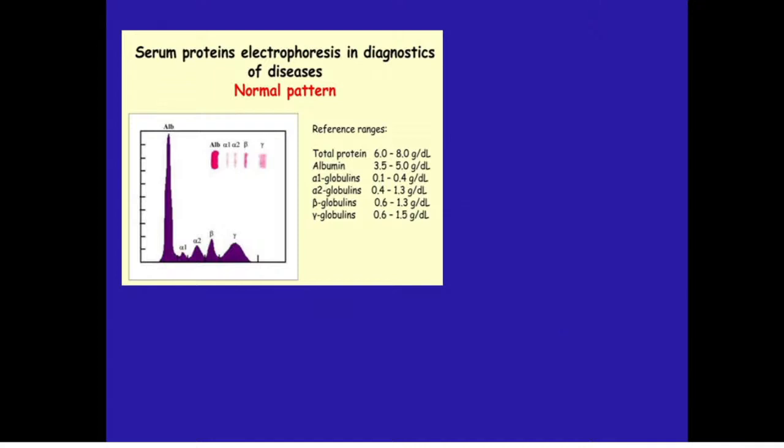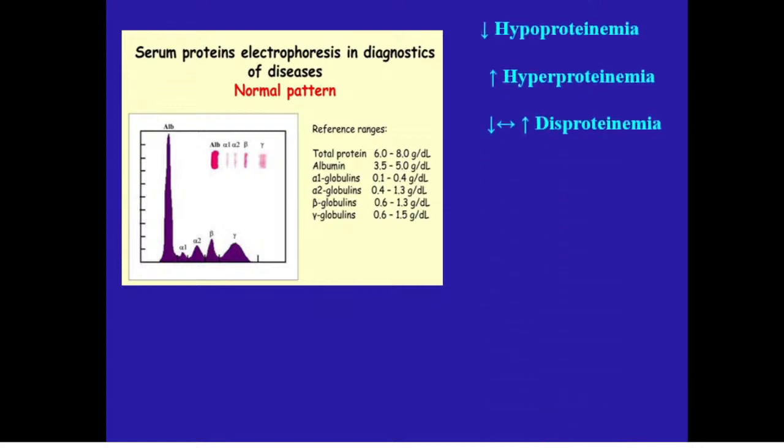Electrophoresis is used in diagnostics of many diseases, and here you must write the definitions for the disorders of quantity of proteins in our blood serum, or disorders in the fractions. This is hypoproteinemia, hyperproteinemia, and dysproteinemia.